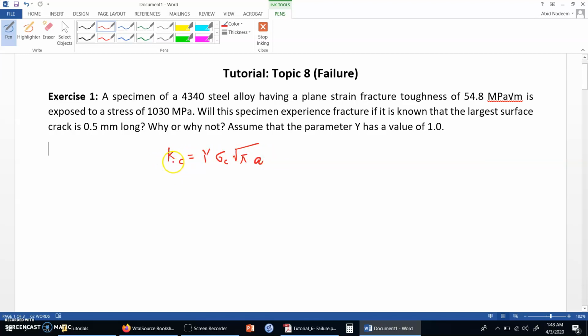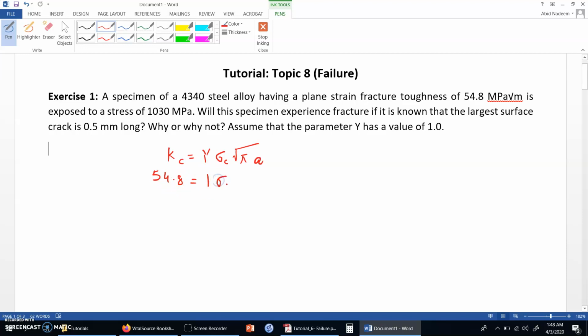Where Kc is the fracture toughness, and sigma c is the critical stress. So using this equation, we can input these values of the fracture toughness, which is given as 54.8, and the value of Y is 1.